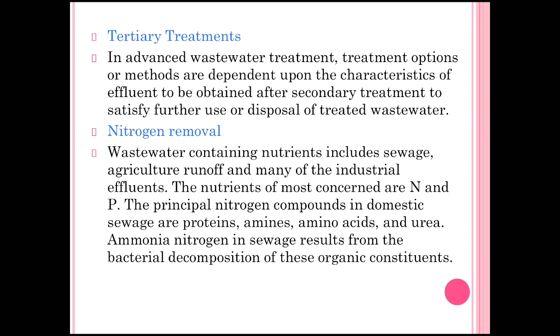The wastewater, that is, the discharge from industry, containing nutrients includes sewage, agricultural runoff, and industrial effluent, means industrial wastewater, sewage water, and agricultural wastewater. All these wastewaters contain nitrogen. The nutrients of most concentration are nitrogen and phosphorus.